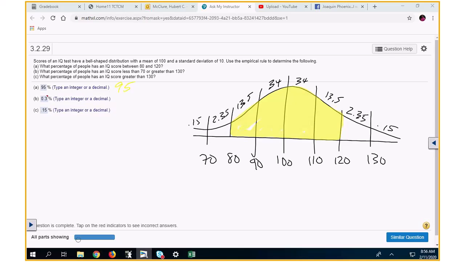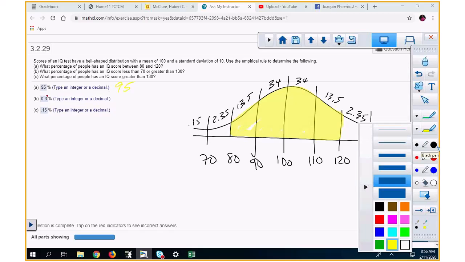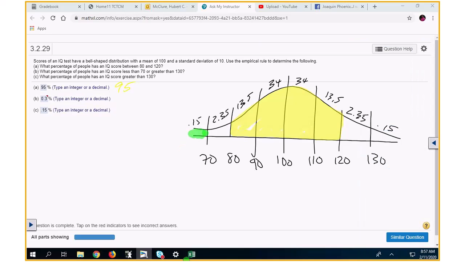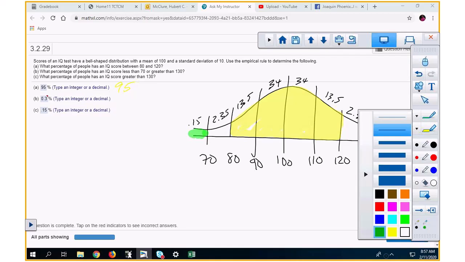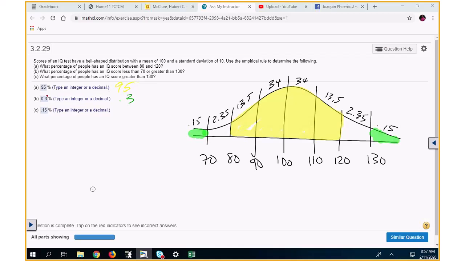Now they're saying less than 70 and greater than 130. And of course that would be 0.3. So that's going to be 0.3.